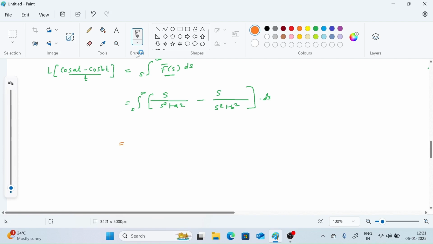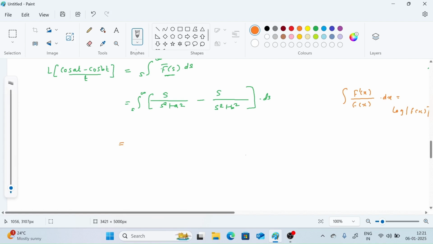Let me tell you that formula as well. Integration of f dash of x upon f of x dx will be log of f of x.